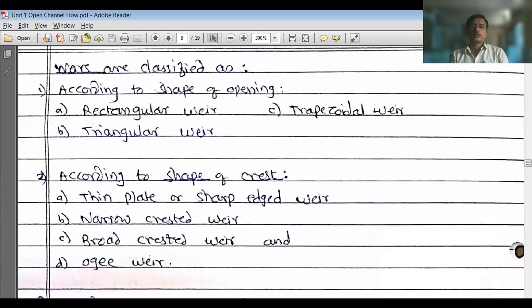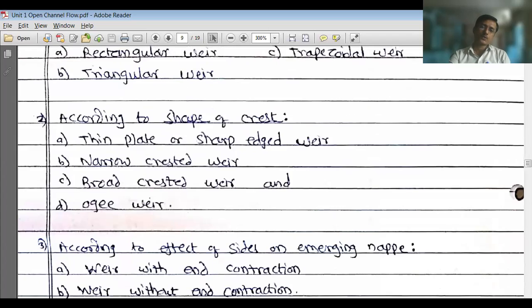Next, according to the shape of crest: thin plate or sharp edged weir, narrow crested weir, broad crested weir, and ogee weir. These are the classification of the weirs based upon the shape of the crest.